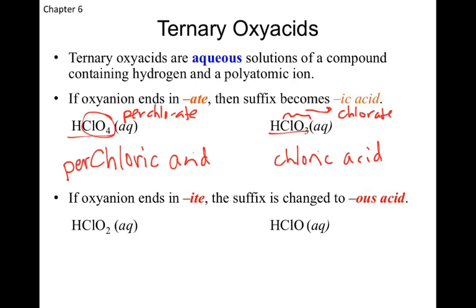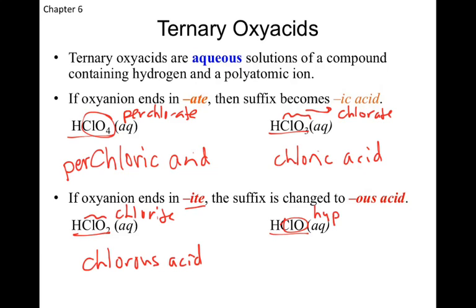Okay, what if your ending ends in ite? Well, then in that next case, this is our chlorite. So we have chlorous acid. Last one, this is hypochlorite, so it's known as hypochlorous acid.